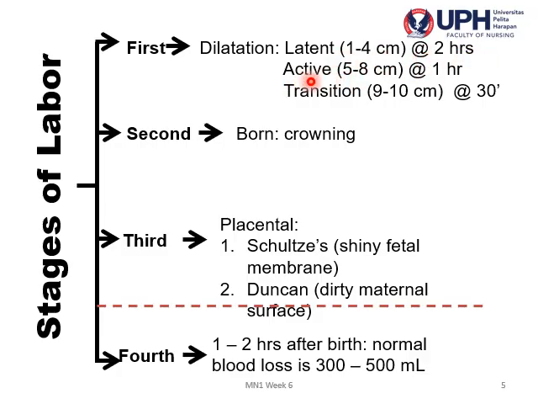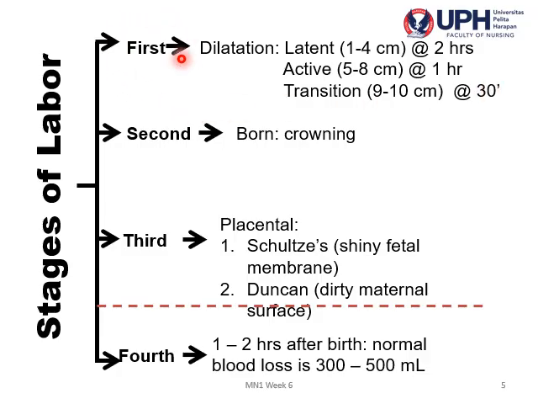In the active phase, the cervix opens from 5 to 8 centimeters, which happens every hour. And on the last part, the transition, the cervix becomes fully dilated, 9 to 10 centimeters, and this will happen approximately every 30 minutes.